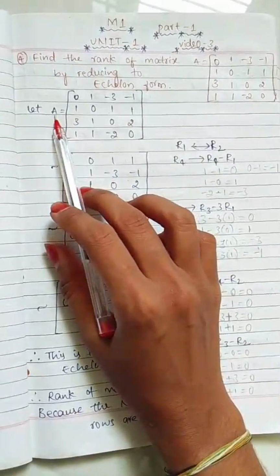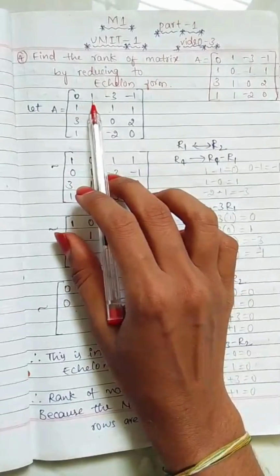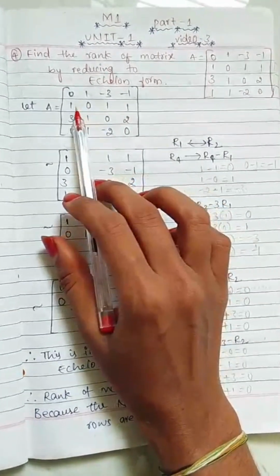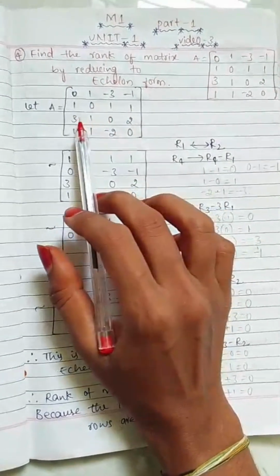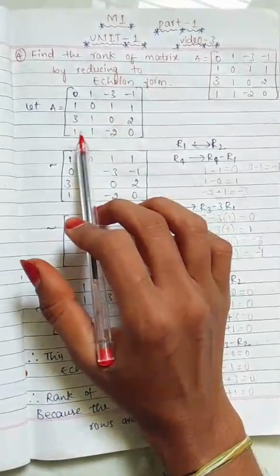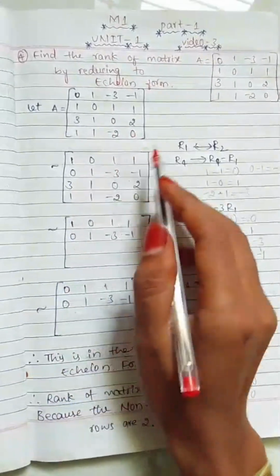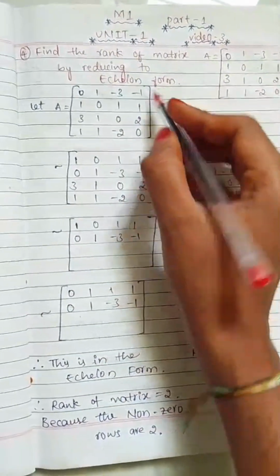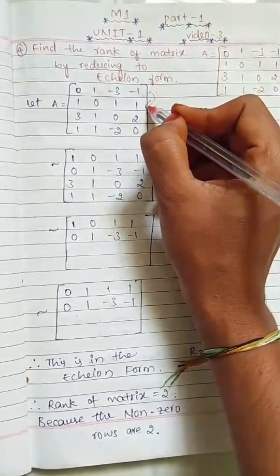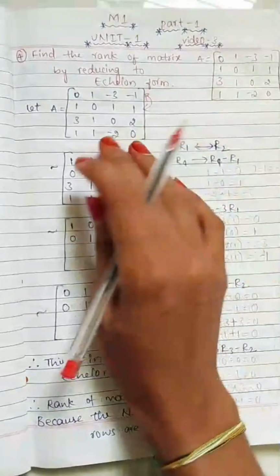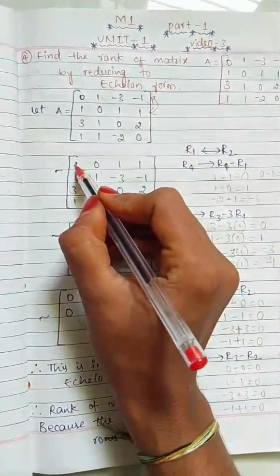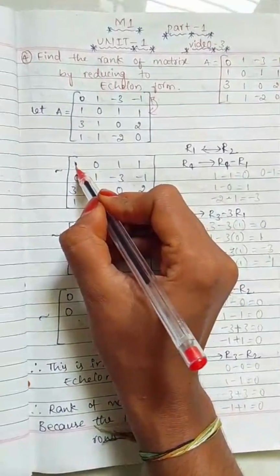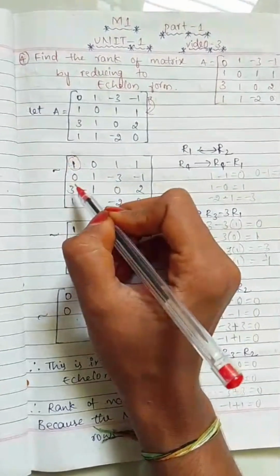Take the matrix A, that is 0, 1, minus 3, minus 1; 1, 0, 1, 1; 3, 1, 0, 2; 1, 1, minus 2, 0. We have to exchange R1 and R2, row 1 and row 2, because we have to get 1 here. This place should always be 1.